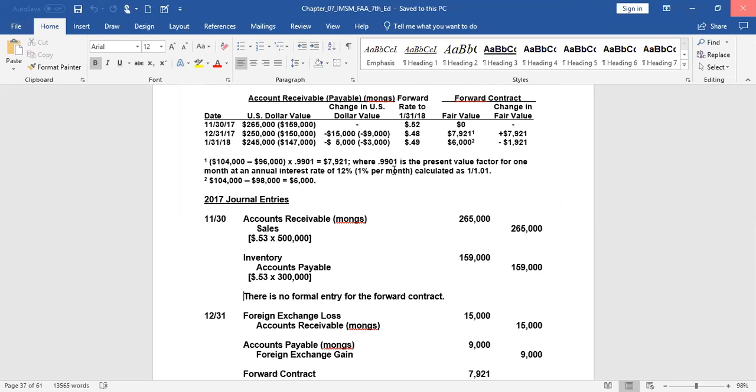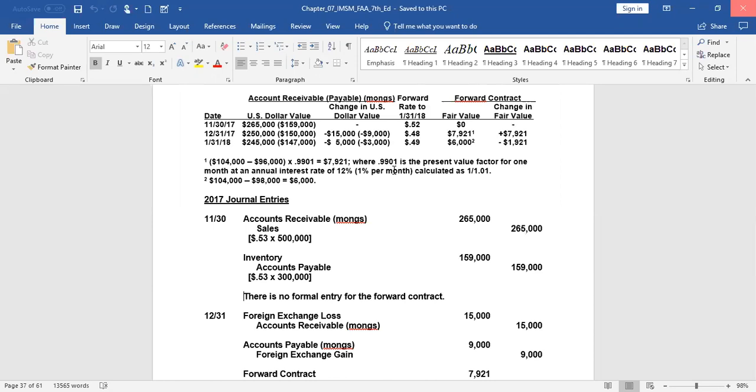Sign the contract that day, get $104,000. What would we have received if we signed it on December 31st? Well, those 200,000 mongs, we would have only received 48 cents per mong, or 96,000.